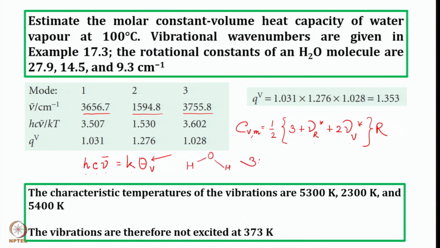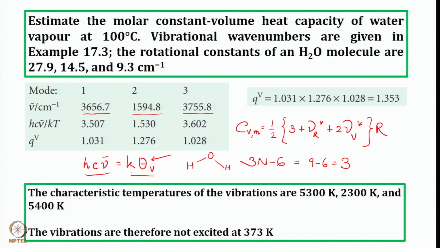Therefore, the number of normal modes of vibration is 3n minus 6, which is 3 into 3, n is 3, 9 minus 6 is equal to 3. These three normal modes of vibration take place at 3656.7, 1594.8 and 3755.8. By using this expression, we can calculate three vibrational temperatures.